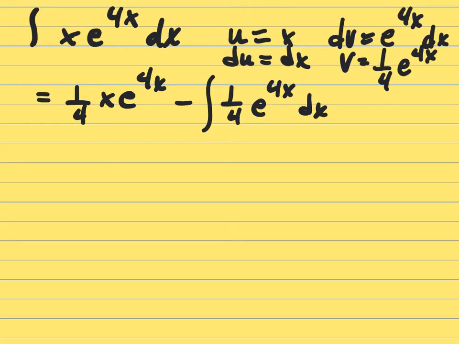The integral in the back part we can simplify further. I will pull that 1/4 out because it's a constant, and we'll leave the e to the 4x behind before we take the antiderivative.